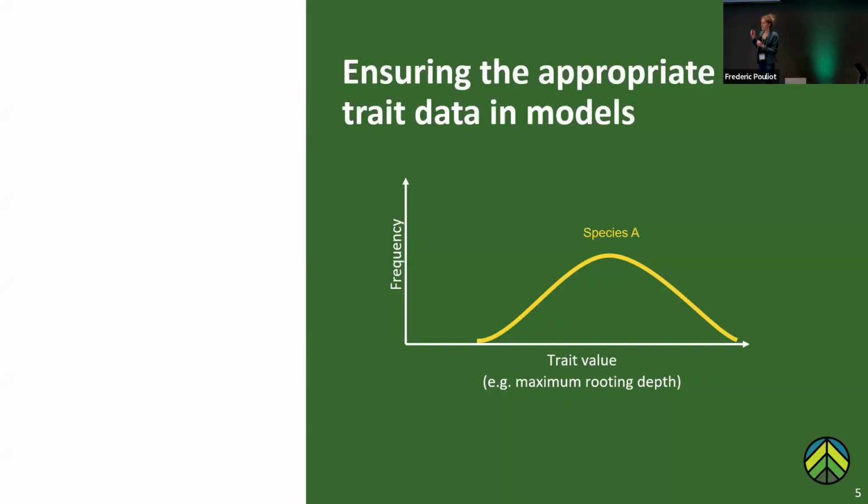The problem is, when we extract a value from a database, you don't know if this value corresponds to the mean of the species or if it corresponds to an extreme value, and there might be a value from a local adaptation. So the value that you extract from the database will not cover the context that the model is supposed to represent. And you don't have these distribution curves. We don't know them.